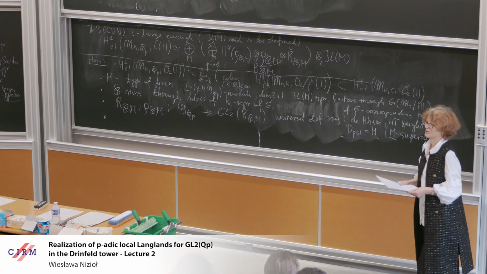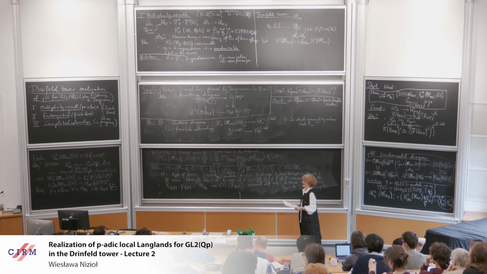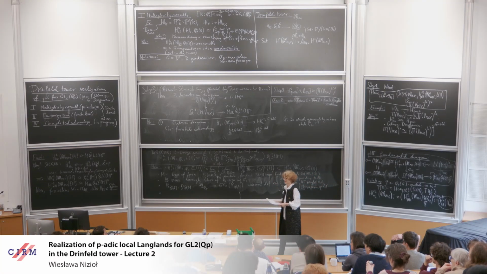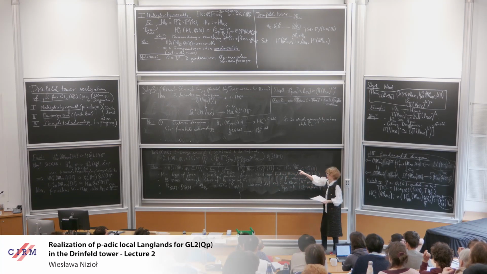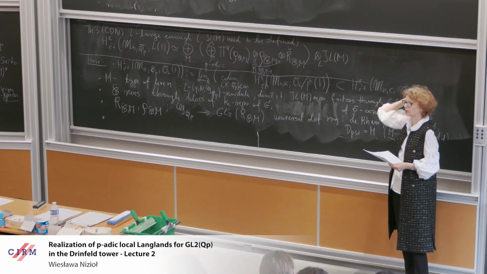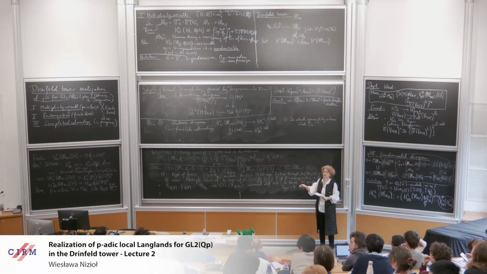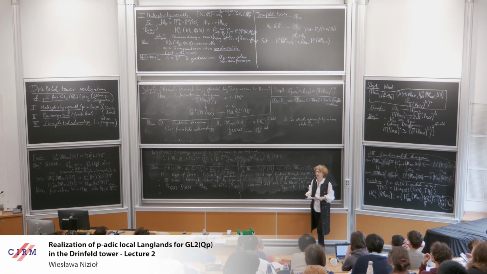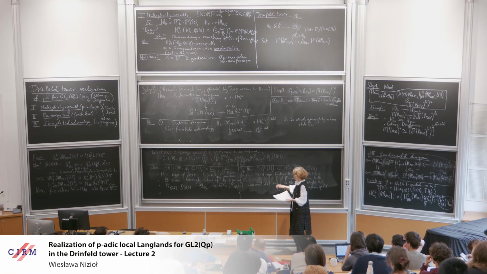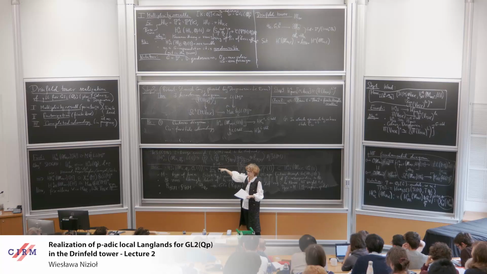You don't remember? Because you have to treat all the M's, so you have to treat all of them. You want me to just assume M is supercuspidal? Yeah. But in the final thing you have to treat all the M's.